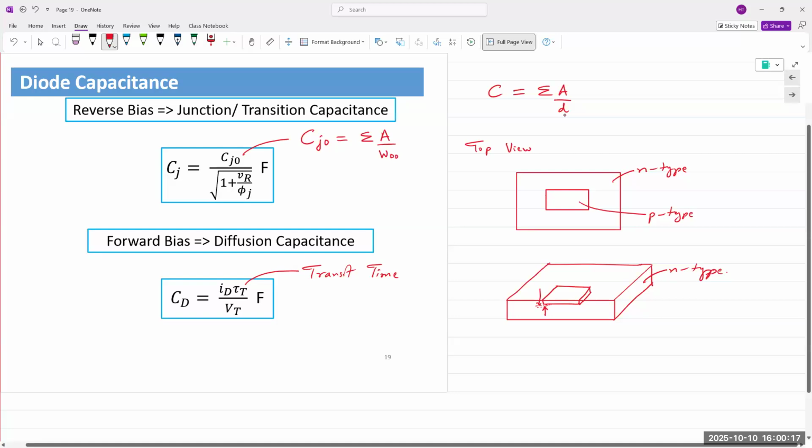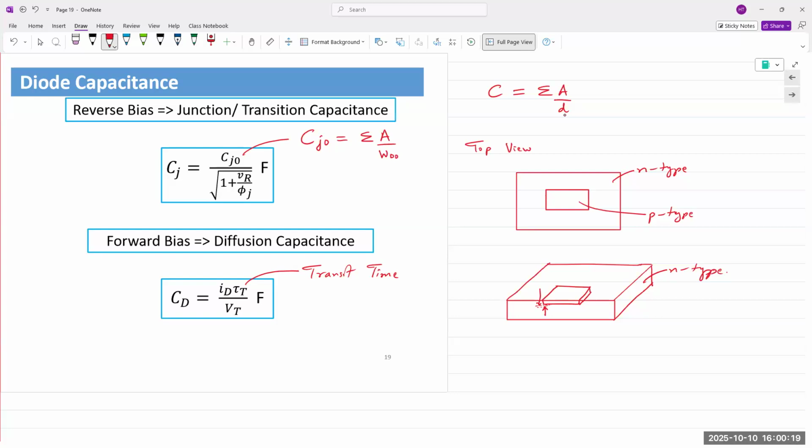WD0. That is the separation between the two plates. So WD0 defines the separation between the two plates. Cross-sectional area A is basically the physical dimensions of the structure.